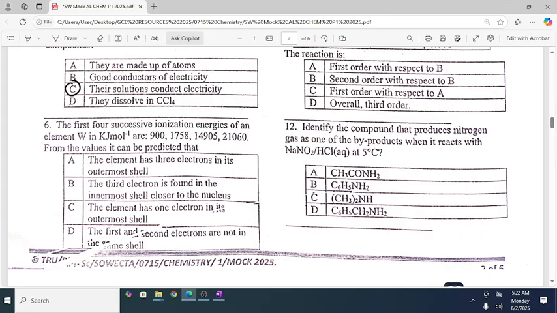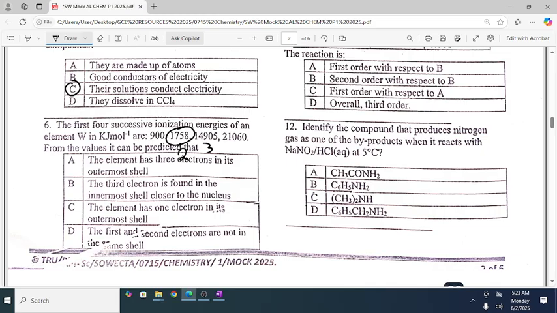Then from 1758 to 14,905, you see that it is really large, which means that the energy involved in removing the third electron is very high. And when this happens, we can say that the element has 2 valence electrons.